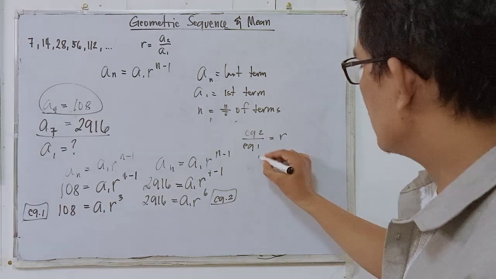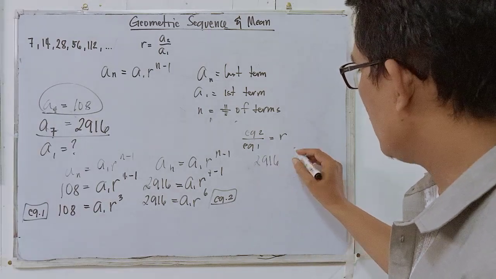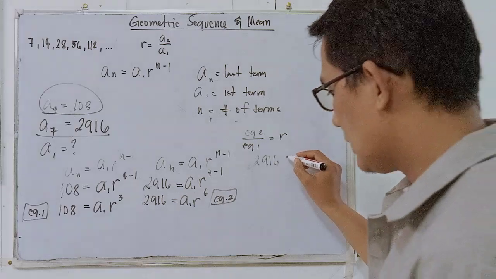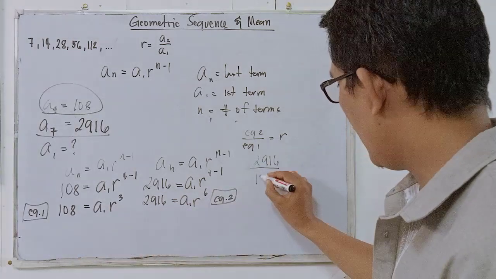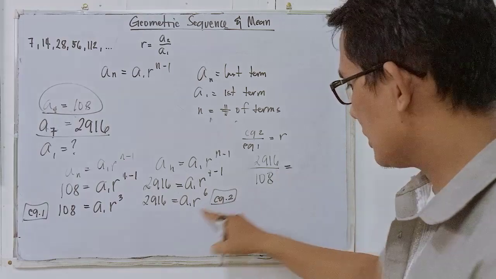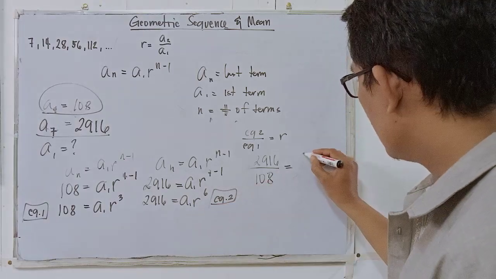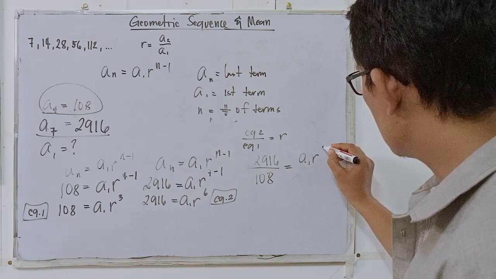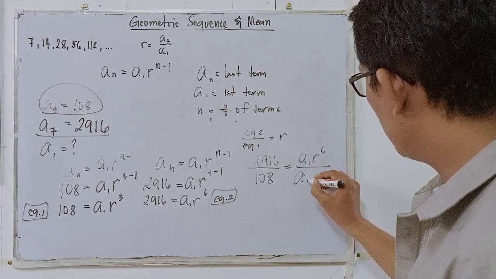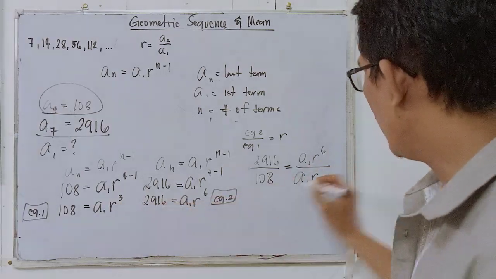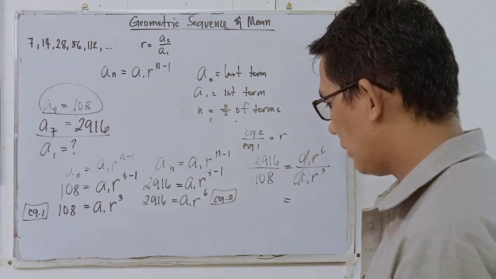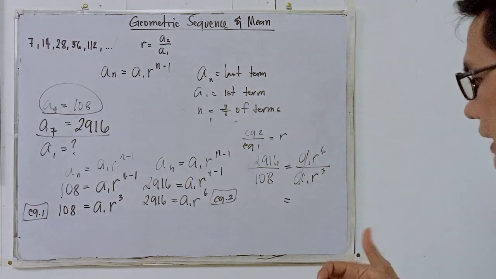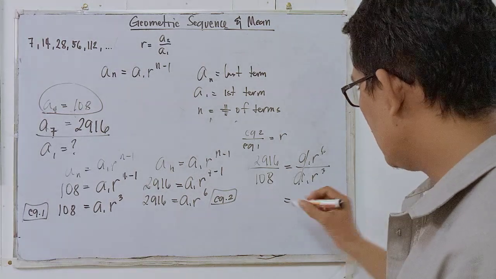So this is 2,916 divided by 108 is equals to this one, a sub 1 r raised to 6 over a sub 1 r raised to 3. Then this will be cancelled. Divide 2916 divided by 108, that is equals to 27.